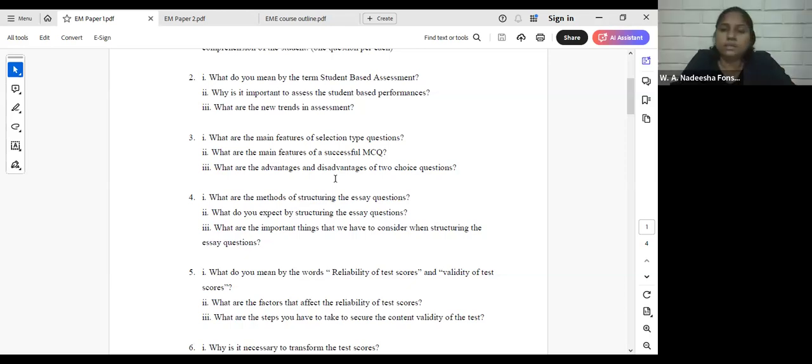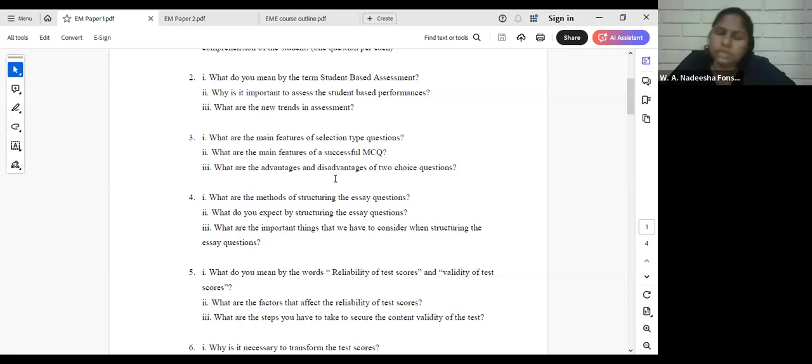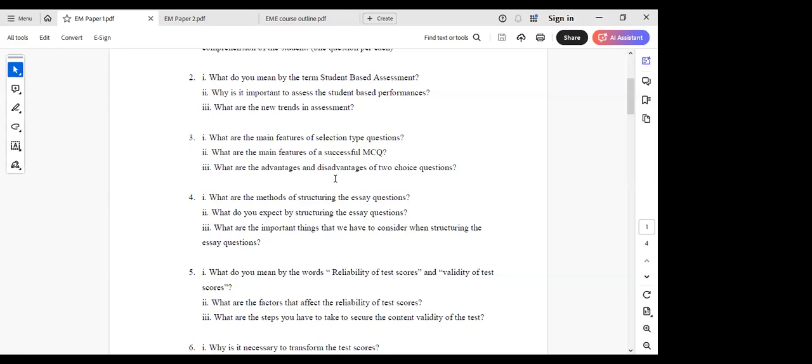Assume that the candidate has more freedom to write the answers on their own. So then, what about marking it?